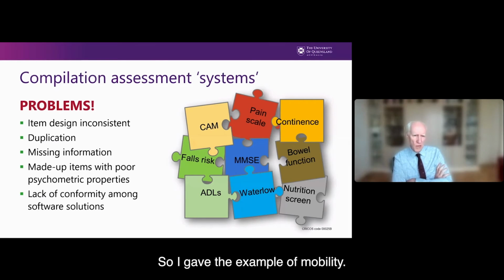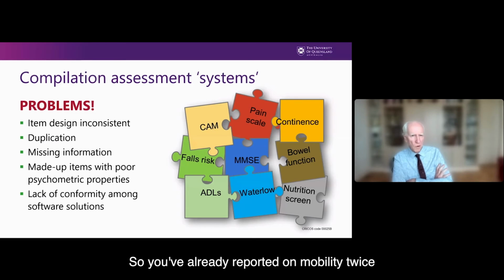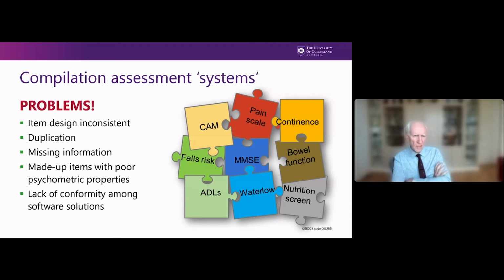As I gave the example of mobility, but you might need to do a falls risk assessment and an ADL assessment. Both require some knowledge of mobility, but in each of those scales, mobility is described in a different way. So you've already reported on mobility twice, just with two tools. So duplication occurs.